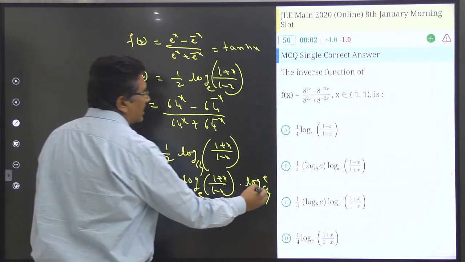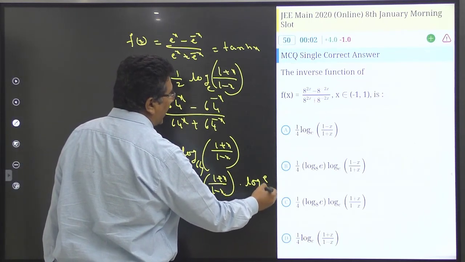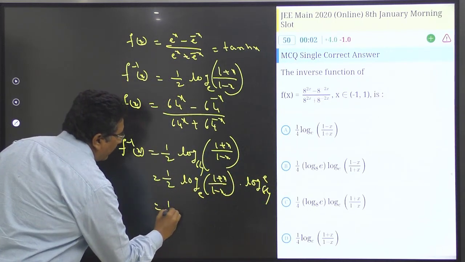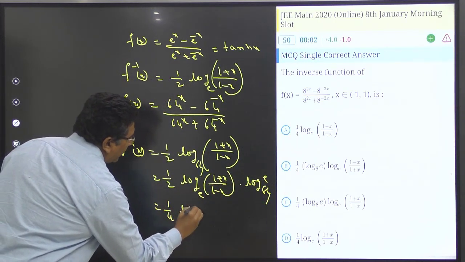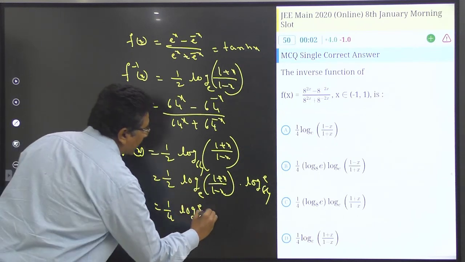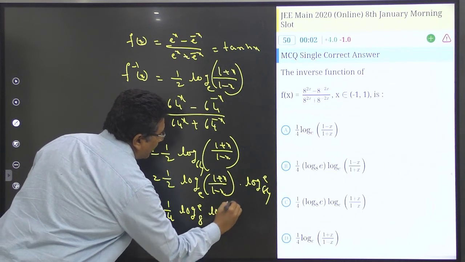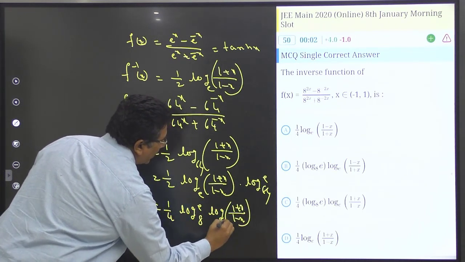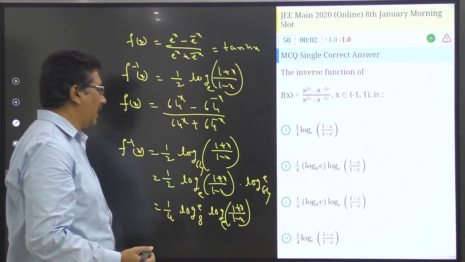So now 64 can be written as 8 square, that is equal to 1 by 4 into log e base 8 into logarithm of 1 plus x by 1 minus x to the base e. Right.